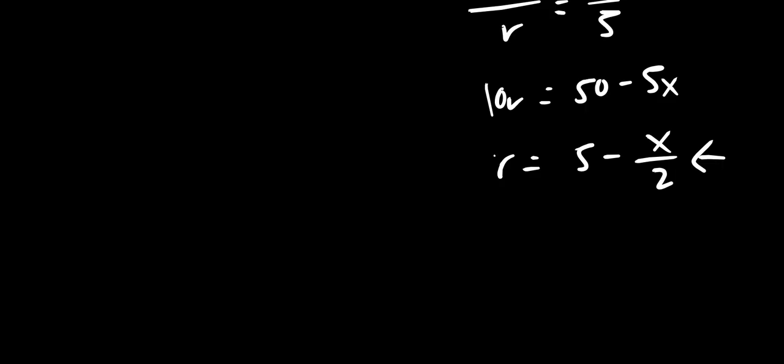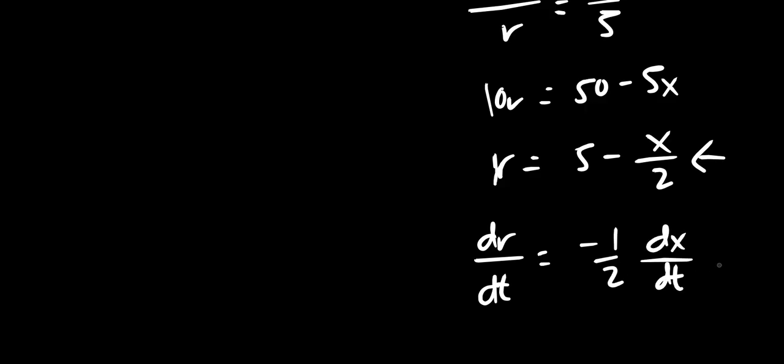So we need to differentiate r with respect to x. No, we will need to differentiate r with respect to time. Because our radius is changing, dr over dt is just equals to negative 1/2 multiplied by dx over dt.